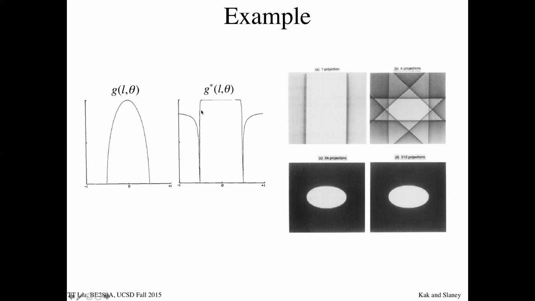Now we're going to convolve that data with the inverse Fourier transform of the ramp and get G asterisk L theta. And it looks like this. Looks a lot different than this. So we were back projecting these. We're now going to back project these to create our estimate of mu xy.